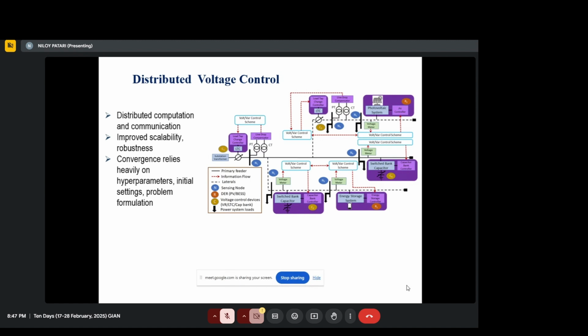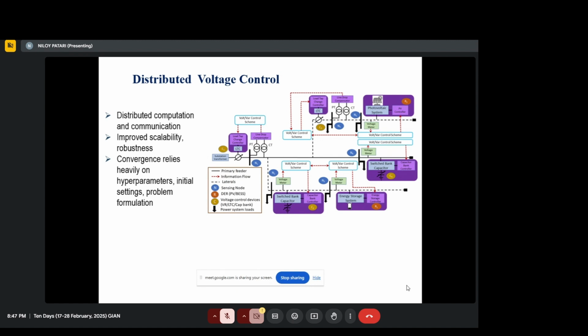And convergence relies heavily on hyperparameters, initial settings, and problem formulations. This is a bit deep down. All these distributed algorithms will have different hyperparameters, different kinds of problem formulation, and different initial settings, because all optimization problems depend on the initial values, right?